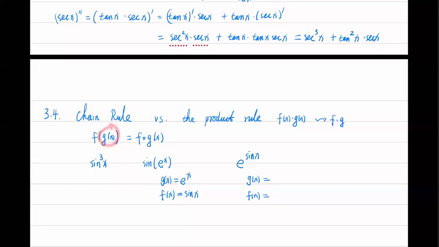Which one is the interior, e or sine? Sine. So g of x is sine x, and the exterior function is e to the x. Then the composition of f with g is e to the sine x, the composition of e with sine. Now you can see the difference: f composed with g, e composed with sine, is different from sine composed with e.